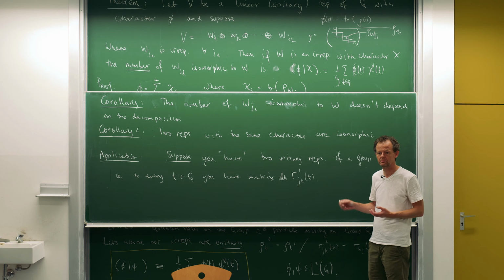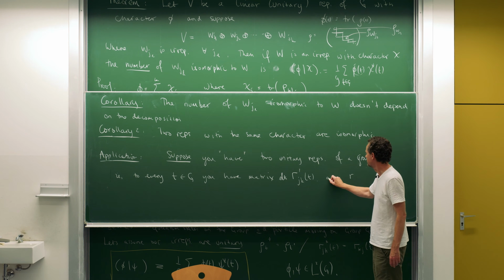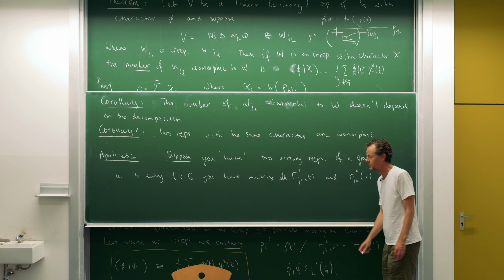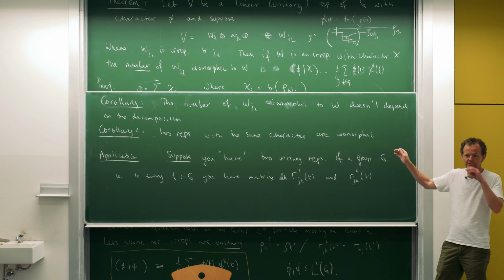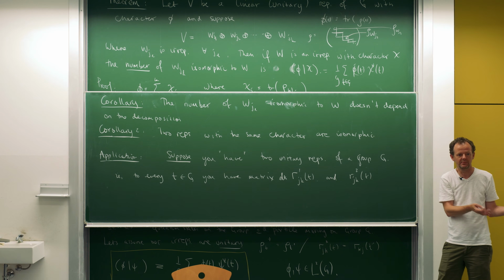You wrote them down. They're a list of complex numbers. And they could come from totally different places, as I said. Like, you could have the hydrogen atom and you could have a crystal. And you have these matrices.